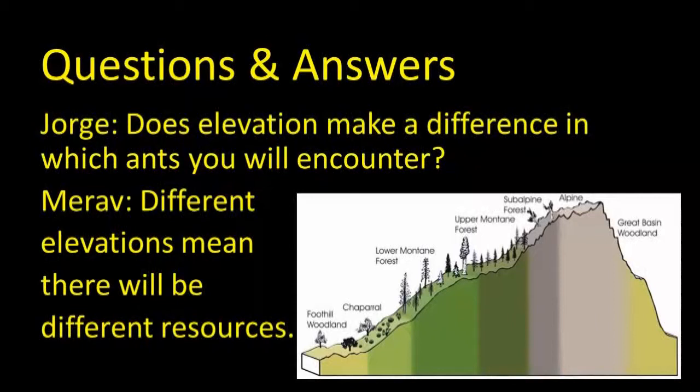Yeah, so altitude could definitely affect the ant communities, like the community structure, which species you'll find in different places. At high elevation, you'll find different species than you'll find here because the conditions are different. You'll have different temperature and humidity, which really affects ants, but also you'll have different plants that would also affect the ants.